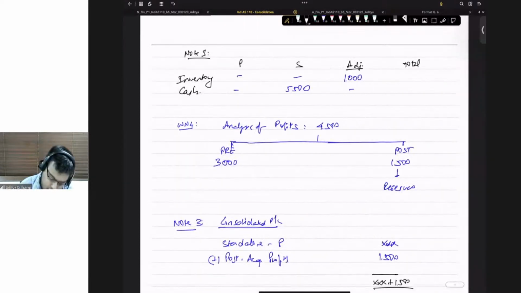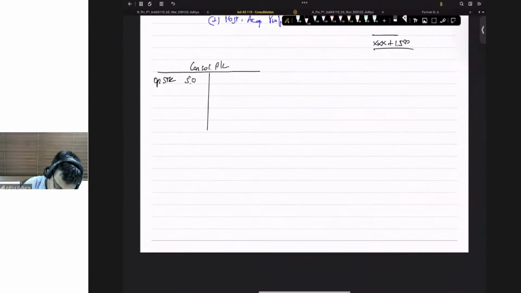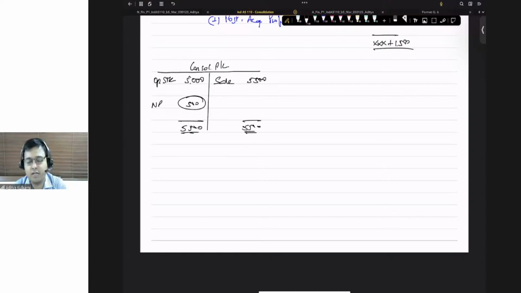The opening stock in the consolidated P&L will actually appear at 5,000. The sale will actually happen at 5,500. In that there is no change. So your net profit will actually be 500 for the purposes of consolidation. The actual impact on consolidation is you will have a net profit of 500.